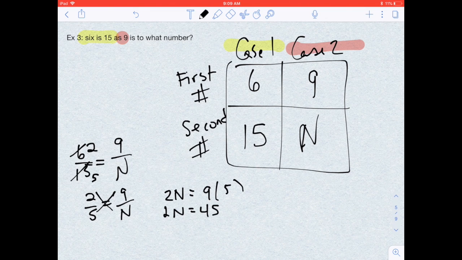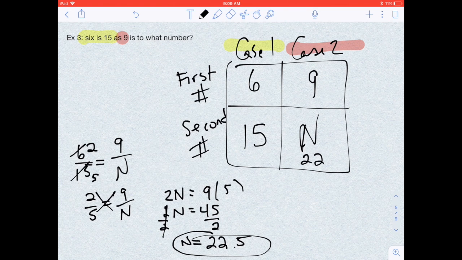I need to get rid of this 2 next to my n, so I have to do the same thing to both sides. Divide both sides by 2. Cancels out over there. N equals 45 divided by 2, which is 22 and a half, or you can do 22.5. Okay, so that is the examples. Go ahead and do your 3 practice set problems and then check your work with the video.